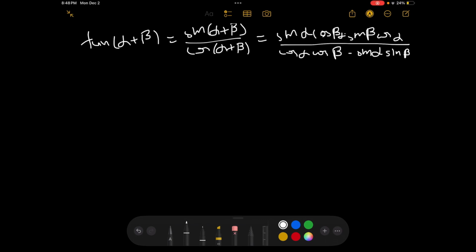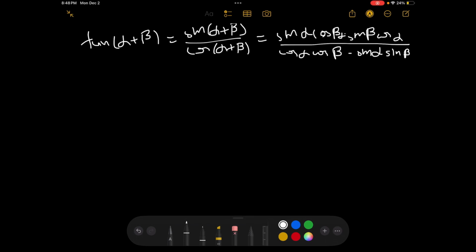Now, if you're clever enough, you can realize that if you divide both the numerator and denominator of this fraction by cosine of alpha times cosine of beta, then you can achieve the tangent addition angle formula. But that might be a bit hard to see if you aren't too experienced.